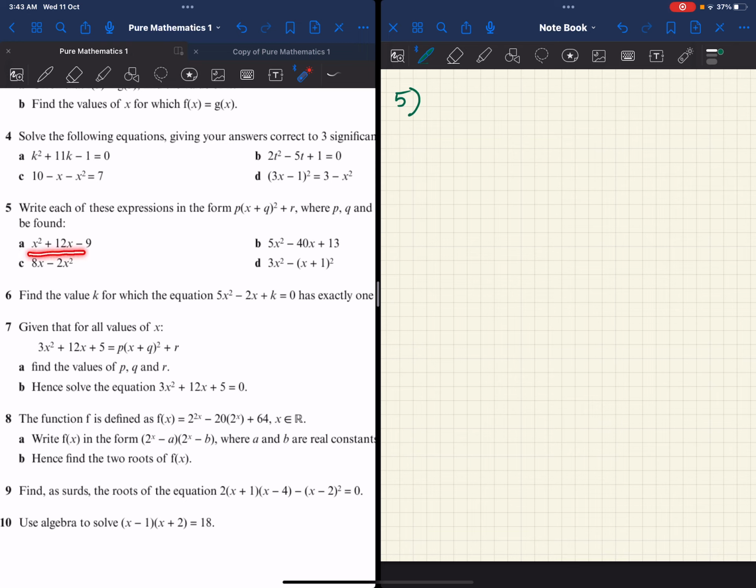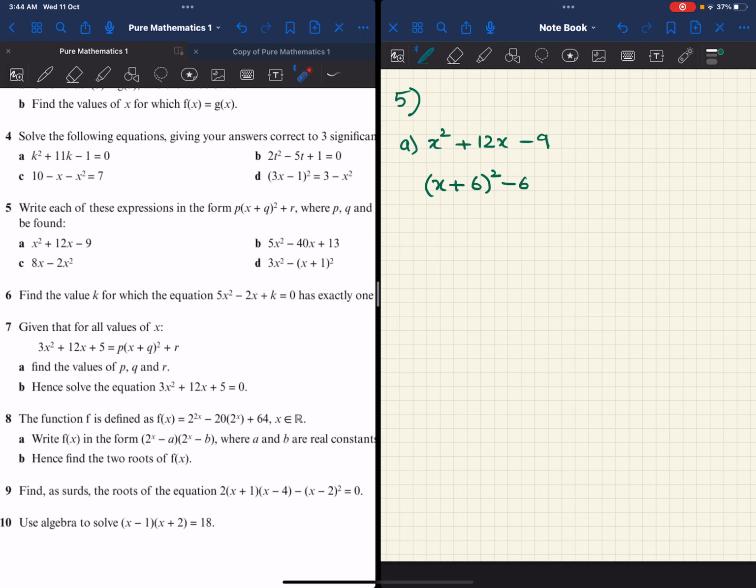We have x² + 12x − 9. When the coefficient of x² is just 1, we can straight away do completing the square by taking half of the coefficient of x. So (x + 6)², and you subtract the square of the same number outside the bracket.